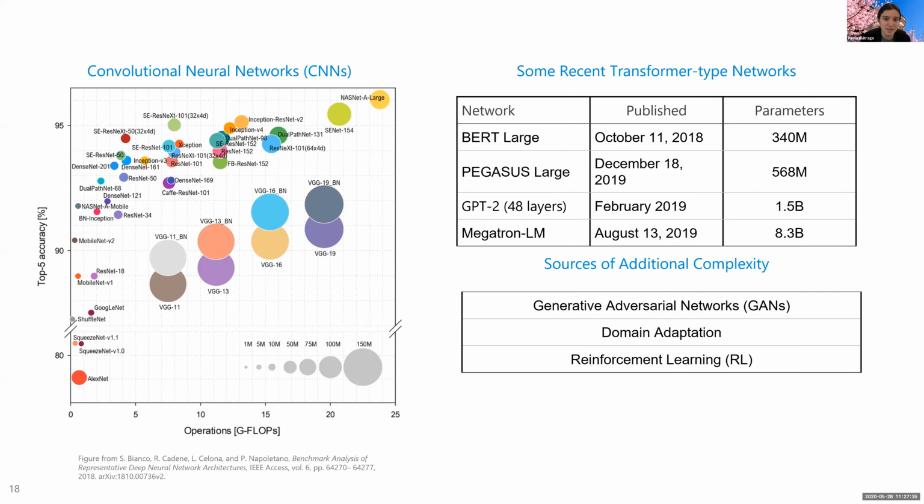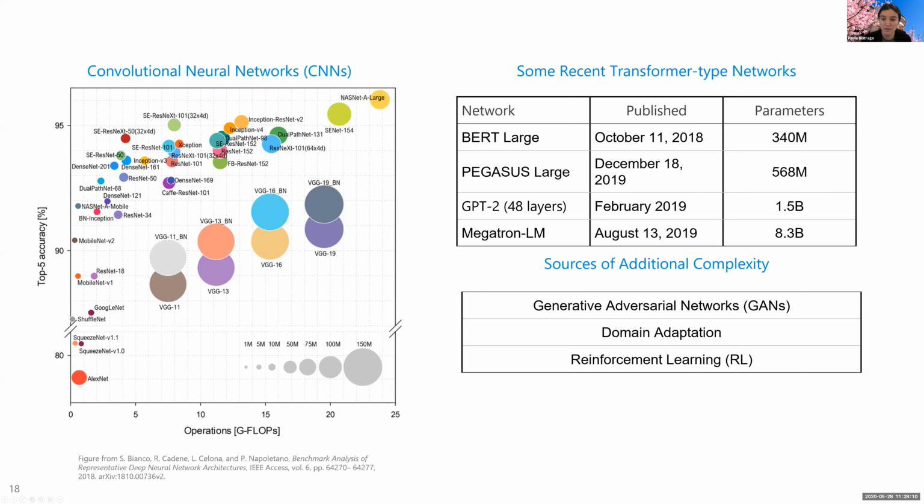Ever-growing models and iterative approaches are partially responsible for the high compute demand. On the right, we can visualize the progression of models for image classification. And in the table on the top left, we can see some of the networks from the past year that are used for machine translation, question answering, and other natural language processing tasks. The number of parameters of state-of-the-art models has grown from a few millions, as you can see on the right, to hundreds of millions, and more recently billions of them, with Megatron-LM having 8.3 billion parameters.